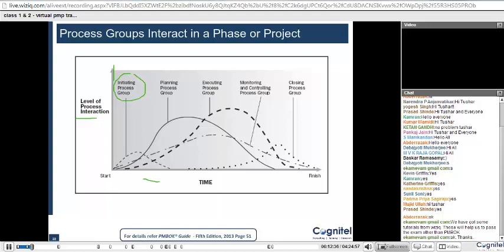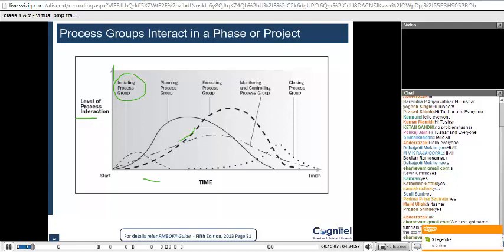Once you move ahead, you can see that the planning interaction increases to the maximum, and at the same time monitoring and controlling is also rising slowly and steadily. In the middle of the planning, you would also have started some execution, so you can see that execution has also taken a start and is increasing.